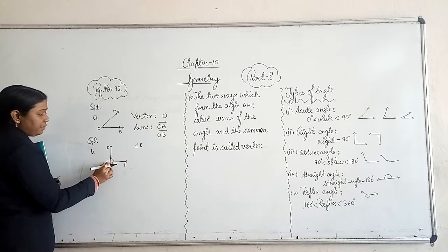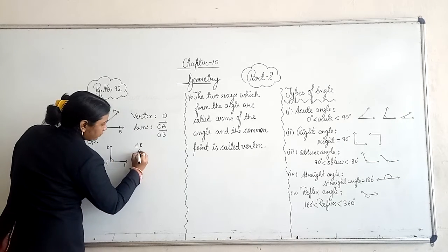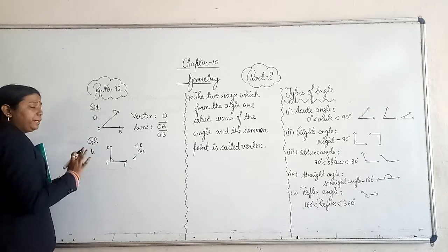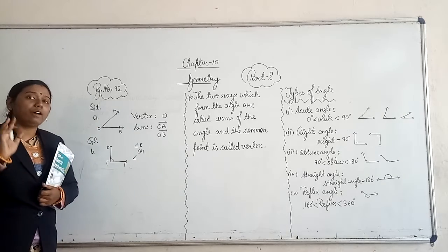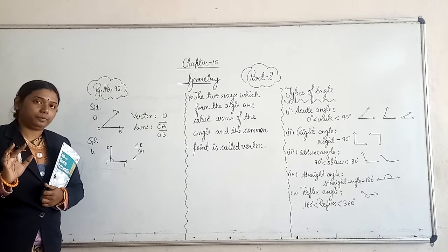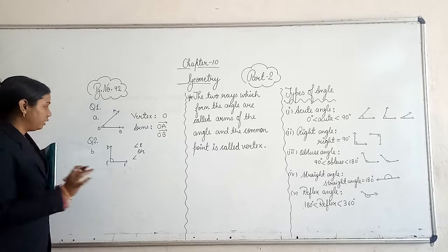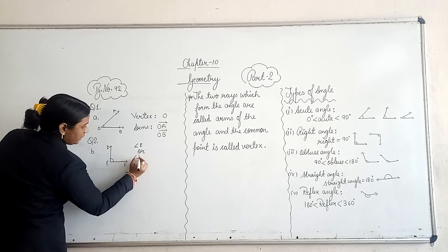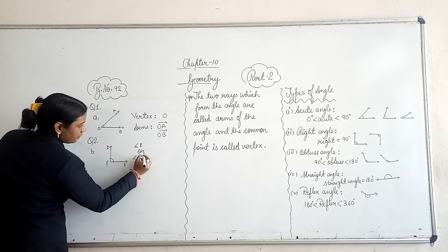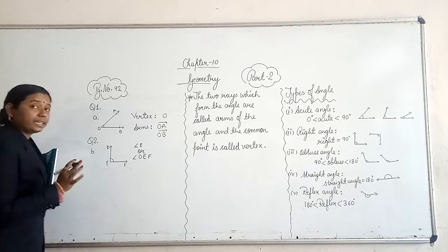We have directly mentioned the vertex. ये first तरीका है. और second way है, जब भी आप एंगल्स की लेबलिंग करेंगे, you have to make sure that you are keeping the vertex in the middle. So here it is D, here I have taken D, then E, and then F. This is the second way.